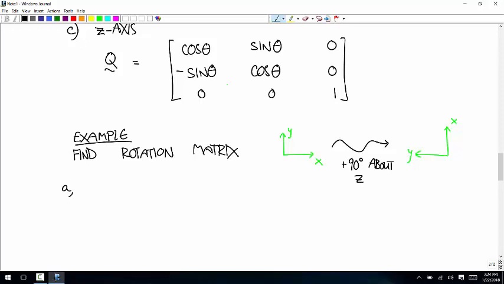We're going to do it two ways, using that general definition: to go from coordinate system A to coordinate system B, express the axes for A in coordinate system B. And then we'll also do it using the cosine and sine approach.